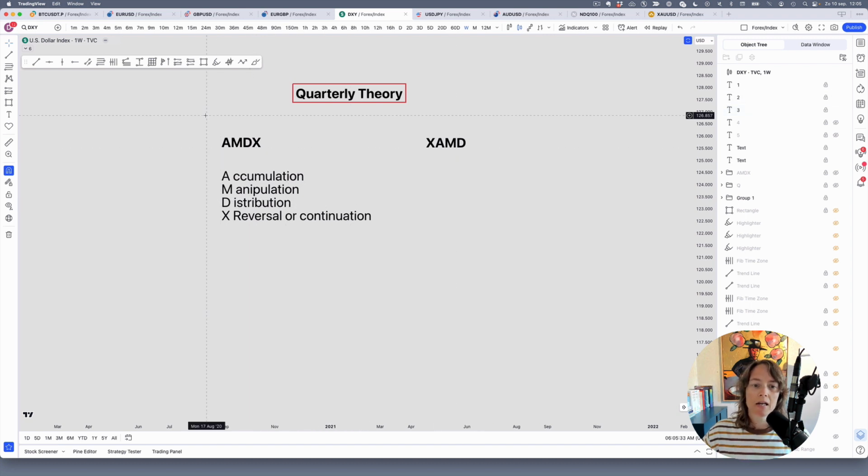There are only two profiles possible. It's either AMDX or it's XAMD.